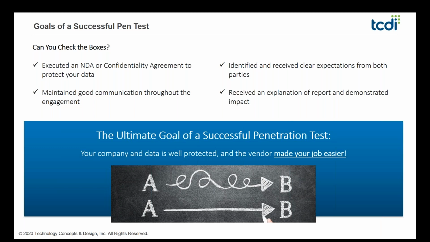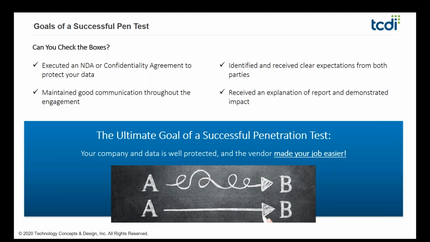You definitely want to maintain good communication throughout the engagement. I think a very important point is very clear expectations from both parties as to what's expected from the pen testing side, and what's expected from the IT side from the client.